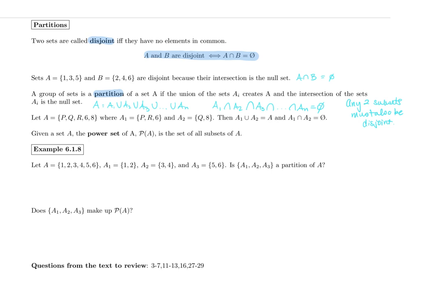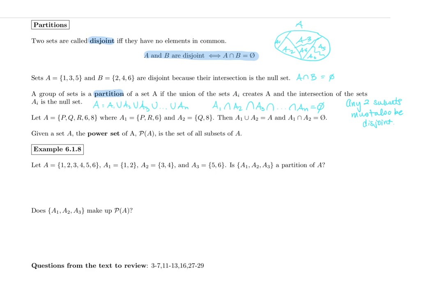So if you think about it, essentially what we're doing is we're taking this big set A and we're breaking it into pieces. Here's A1, there's A2, maybe there's A3, A4, and A5 and A6. And what we want for them, if they make a partition, is literally to not cross over at all.